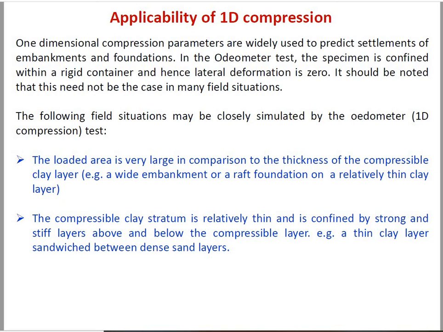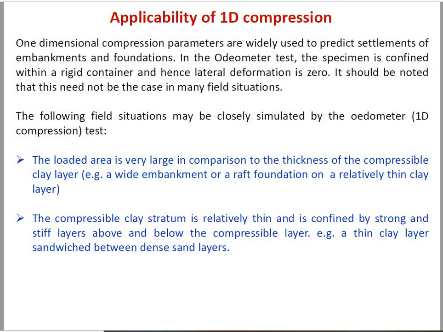But still I will explain that in the test, the specimen you are taking is 60 mm in diameter and 20 mm in height. So you can see that the diameter to height ratio is about 3 times, or even sometimes 4 times. And it is in a ring, a very strong ring, and the specimen is inside that ring. That means you are providing confinement to that specimen, because you have to depict the field condition.